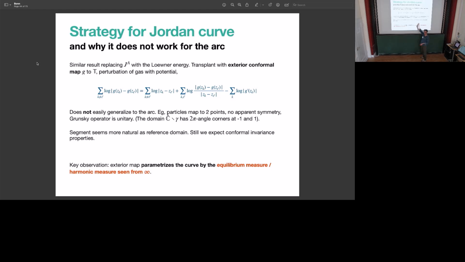that's easy to analyze. And even if you managed to write something like that, for the corresponding Grunsky operator, something has to happen, because the Loewner energy of the complement of an arc is infinite, because you have these corners of 2 pi.